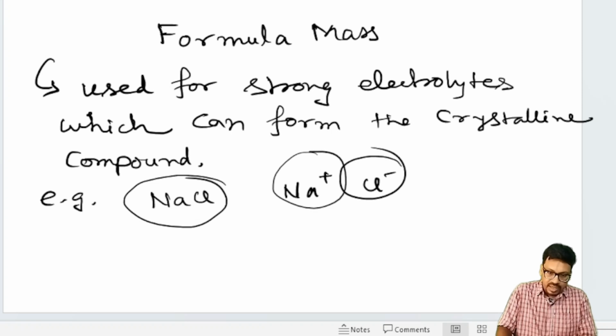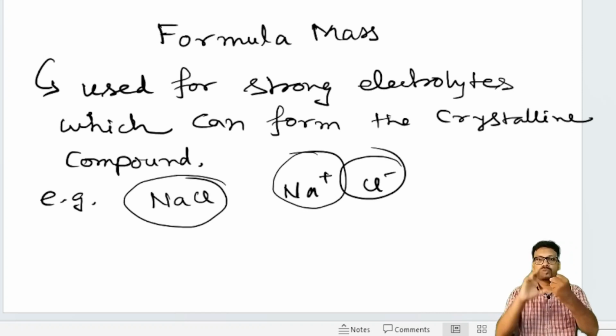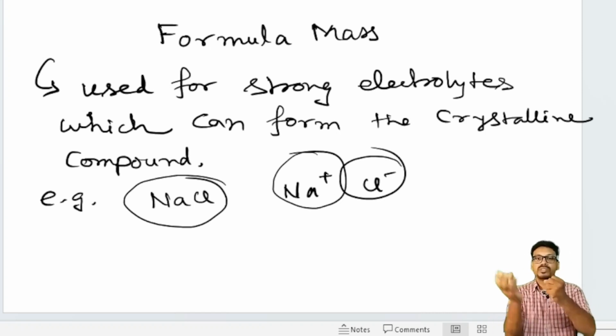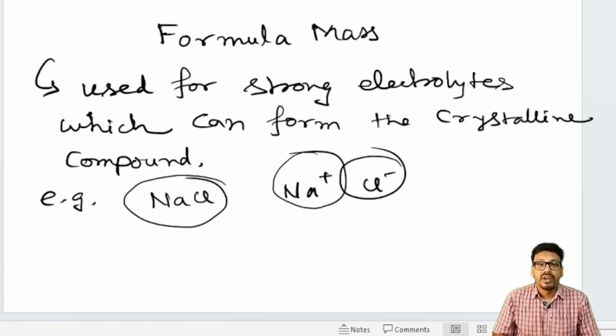This is a crystal. Na plus is coordinated by 6 Cl minus ions, and similarly 1 Cl minus ion is coordinated by 6 Na plus. Clear? So here we cannot determine the single entity of NaCl.